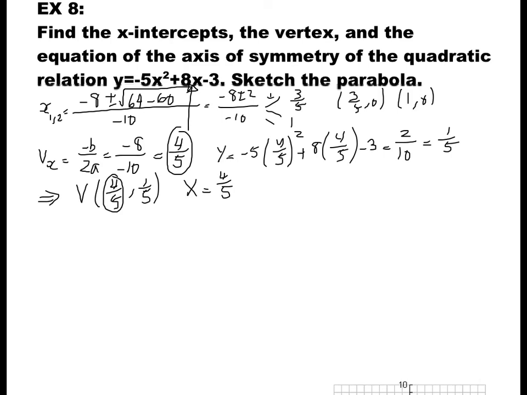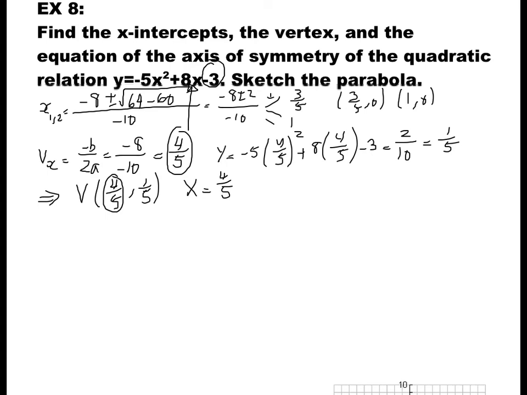Now for plotting the quadratic, I leave it to you to plot this function. The only thing you have to remember is that the leading coefficient is negative 5, so the parabola opens downward. The vertex is at 4 over 5 and 1 over 5. Since we need another point, I can pick the y-intercept, which by looking at this equation is equal to negative 3 when you set x equal to 0.